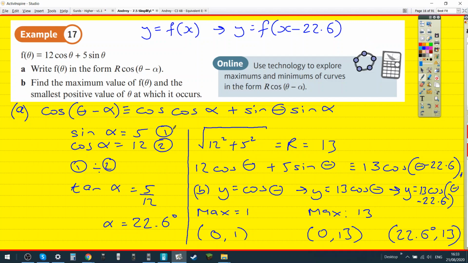So you convert it into that form, r cos theta minus alpha, and then you use that to find the new maximum or minimum. This is going to be the maximum y, a stretch in the y direction with scale factor r, and then the new x coordinate you can just find by solving this bit. Any questions there?